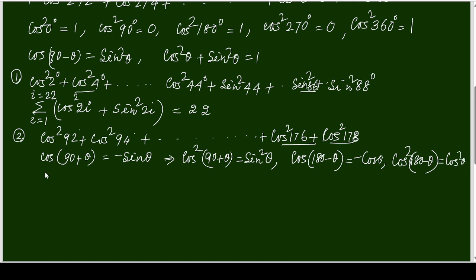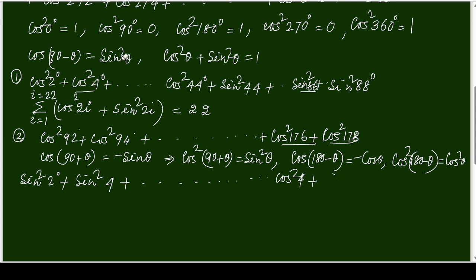So cos square 92 will be the same as sin square 92, that is sin square 2 degree, 90 plus 2, sin square 4 degree, and so on. And here will be again cos square 4 plus sin square 4, sin square 2, cos square 2.